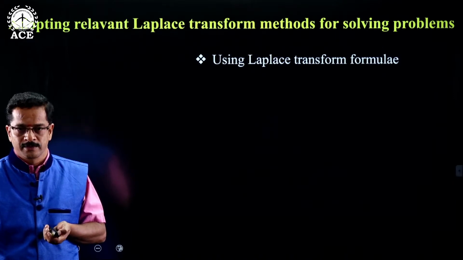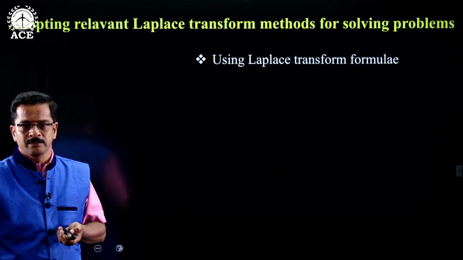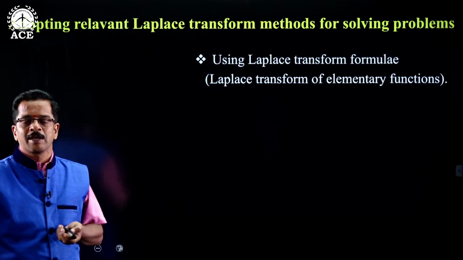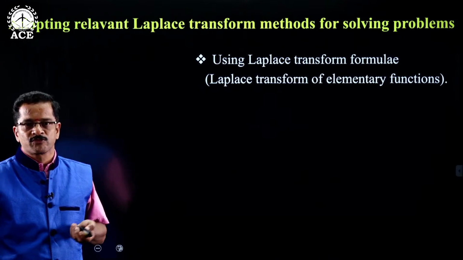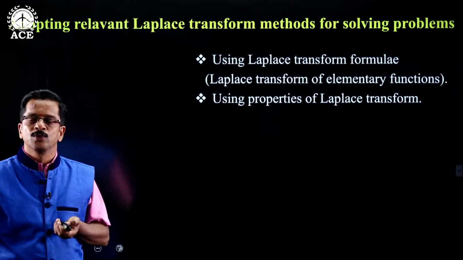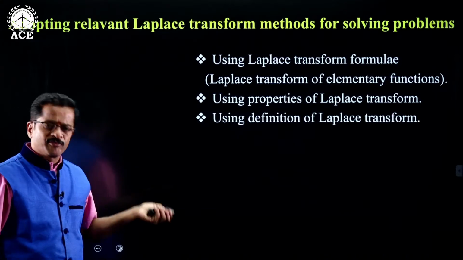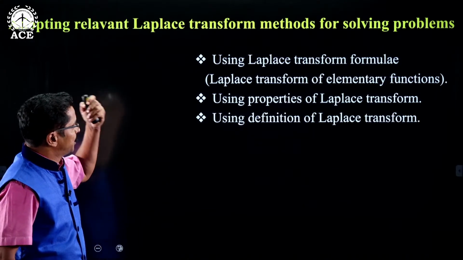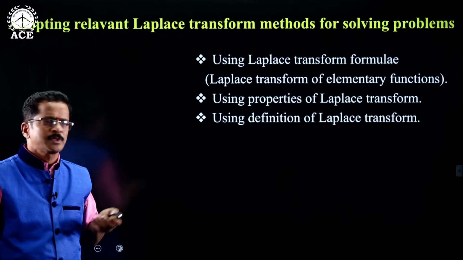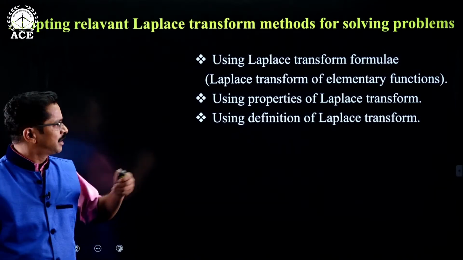Which method do we adopt? Firstly, use standard formulae, meaning the formulas for the Laplace transform of elementary functions. Or else you go for using properties to solve a problem under Laplace transform. If using formulae is not possible or using properties is not possible, then you approach the definition of Laplace transform. That is ultimate.